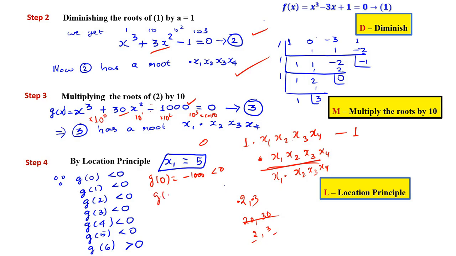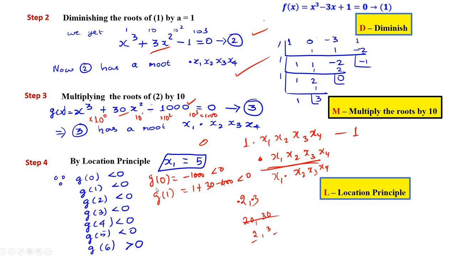In the same way, G of 1 is 1 plus 30 minus 1000, which is again less than 0, negative. Like that, up to G of 5 it will be negative. You can substitute and see. But G of 6 will be positive. So there is a root lying between 5 and 6, and so we consider x1 to be 5.